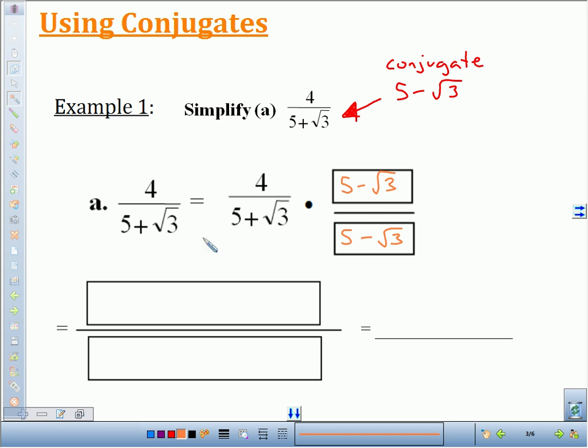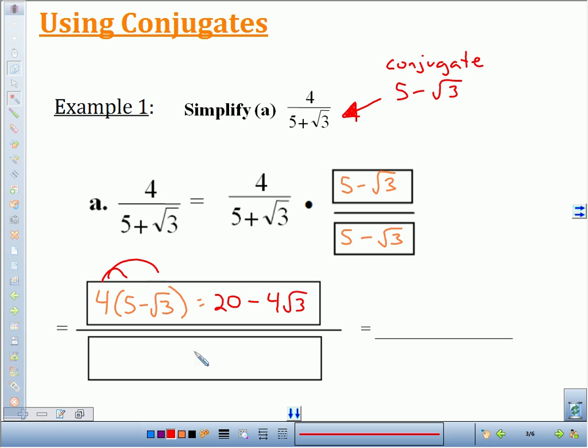Now on the top I have 4 times 5 minus the square root of 3. And I can distribute the 4, and I get 20 minus 4 times the square root of 3.